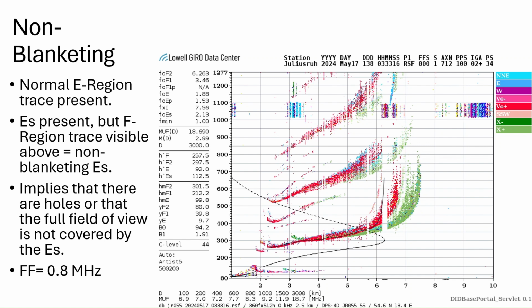In this particular case, I'll focus on the F region first. Again, we have spread in the F region. Don't trust the Artist in this case. Although this is a good example of a situation that violates our previous rules. In this case, our dominant trace has an foF2 here.